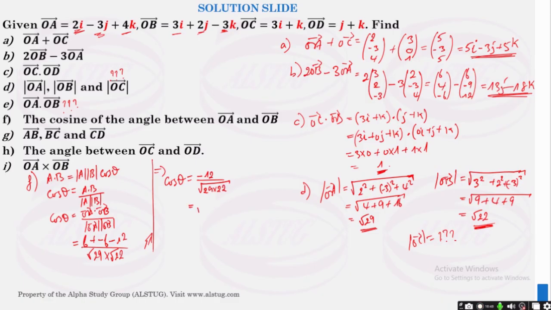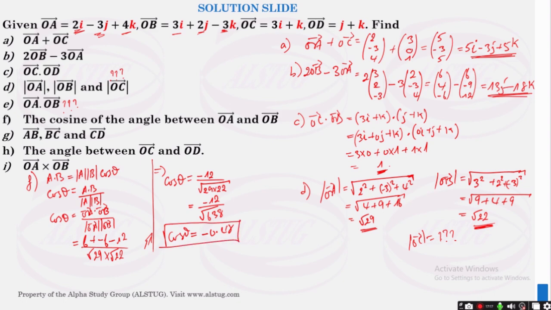I'm sure we remember our laws of surds. We get negative 12 divided by root 638. If I punch my calculator correctly, I'm going to end up with negative 0.48. That is cos theta.